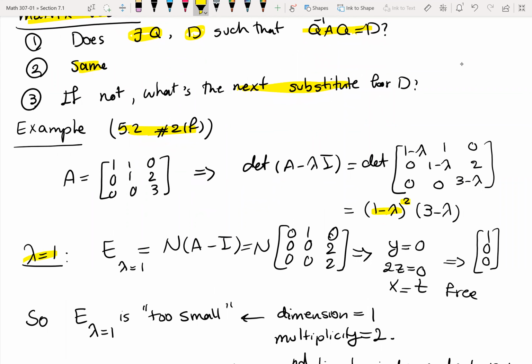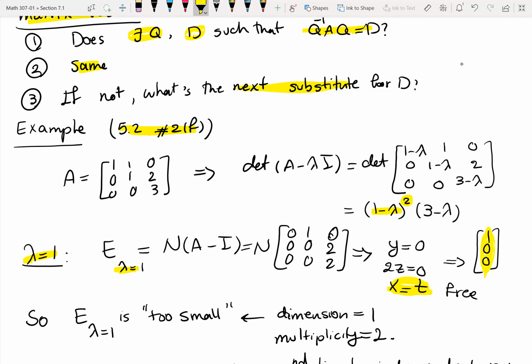Since lambda equals 1 is repeated, we hope to get 2 free variables, but we get 1 free variable and only 1 eigenvector. That's a problem. The multiplicity was 2, but we got only 1 eigenvector. So obviously it is not diagonalizable.